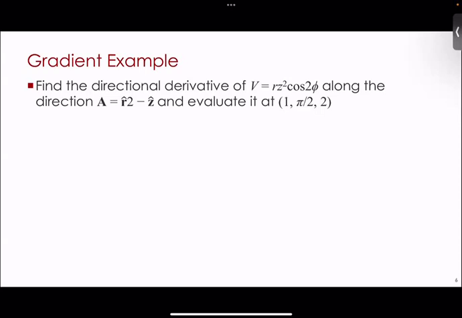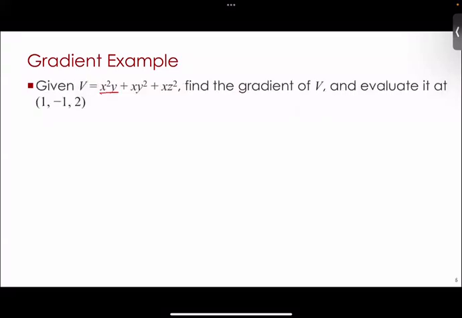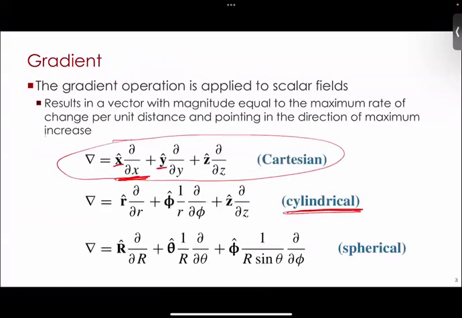Yeah. The r squared and all this stuff here is just constant with respect to r, right? So this could be the same as 2r. What's the derivative of 2r with respect to r? It's just 2. So all that would be left is z squared cos 2 phi. That would be the partial derivative with respect to r. And so then we would just go r hat and then that.